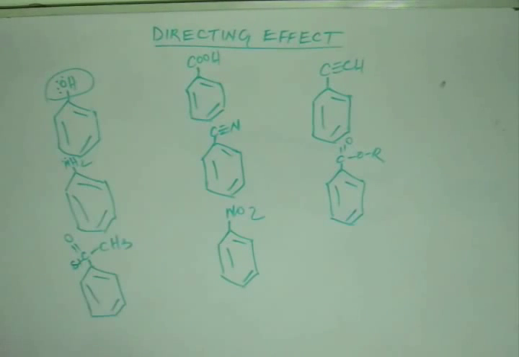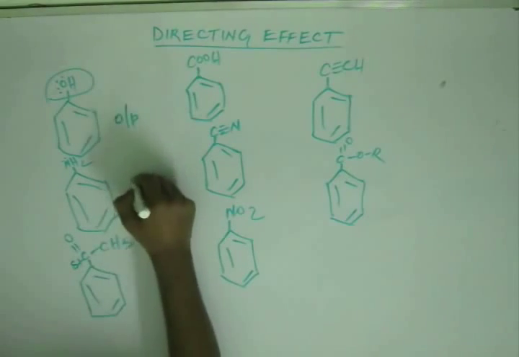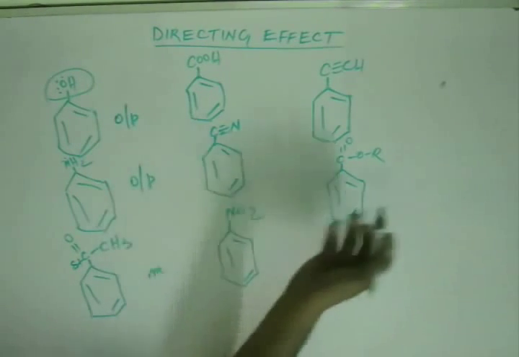So this carbon will try to get electronic density from the benzene ring, pulling the electrons out of the ortho para, making meta richer than ortho para in terms of electrons. So the new incoming electrophile will go to meta position, making this group meta directing, right? So this is ortho para directing, this is ortho para directing, this is meta directing.